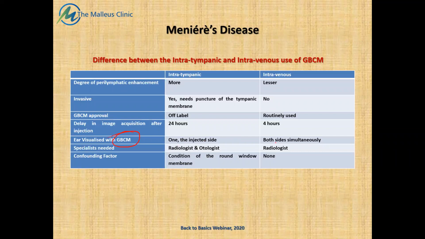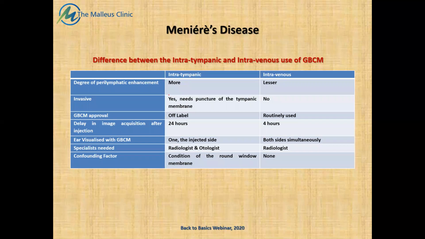But with intravenous, you have the advantage of visualizing both sides together. So here you have to be very, very sure that you're injecting the side wherein you're suspecting Meniere's disease or endolymphatic hydrops. Again, as far as intratympanic injection is concerned, you need both the radiologist and the otologist, whereas the IV can be done by the radiologist alone.